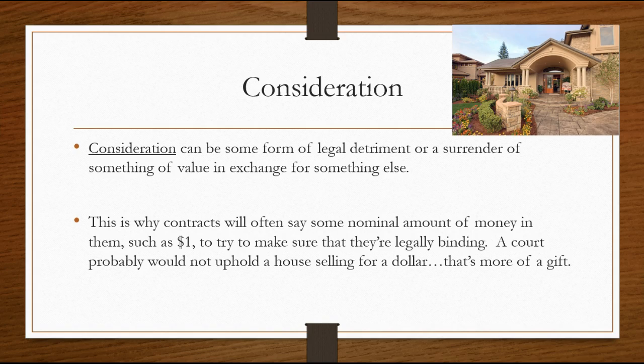And usually that consideration should be somewhat related to the cost of actual goods. So if it's a house and you're trying to sell it for $1, court's probably not going to uphold that, especially if you look at the picture of the house in the PowerPoint. Looks very expensive, very nice, probably a $500,000 house if it's in Southern California. So selling it for $1 usually won't work.